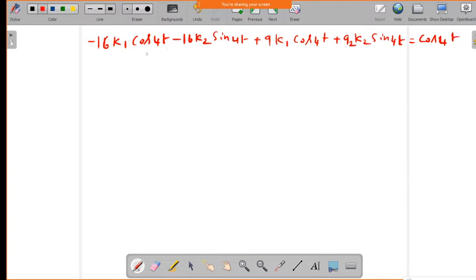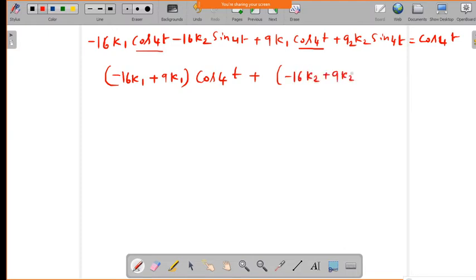Okay. So, now separate the terms whichever it is there, cos 4t, and you will get minus 16 k1 plus 9 k1 into cos 4t. So, plus minus 16 k2 plus 9 k2 into sin 4t, which is equal to cos of 4t. Okay.